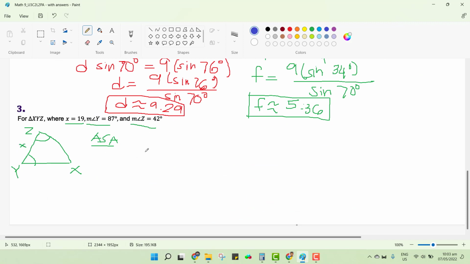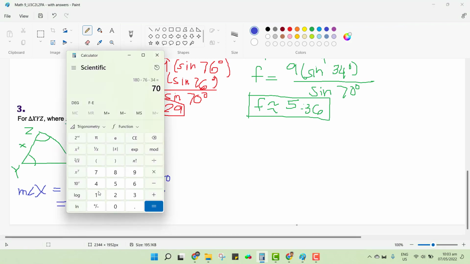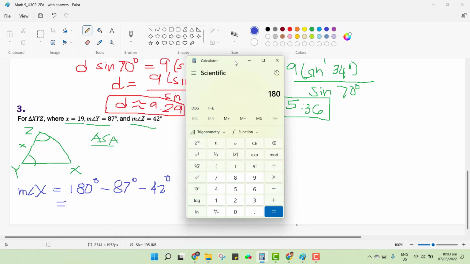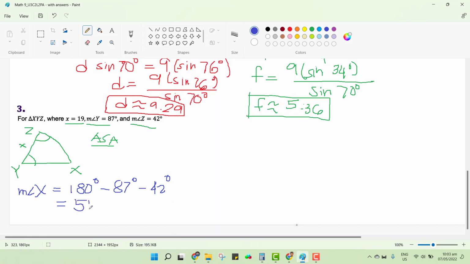So the measurement of angle x is 180 degrees subtracted by angle y, which is 87 degrees, and angle z, which is 42 degrees. 180 minus 87 minus 42, you will have 51 degrees. This is the measurement of angle x.